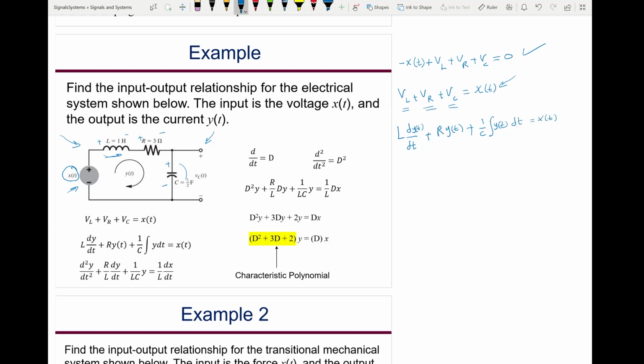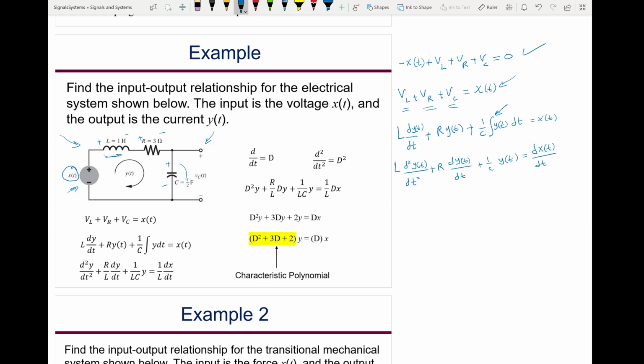Now I have one integro-differential equation that relates the input x of t to the output y of t. If I'm not happy with the integral, I can take a derivative of every component to get rid of the integration, because the derivative is the inverse of integration. So this will be L d squared y of t plus R dy of t over dt plus 1 over C y of t equals dx of t.